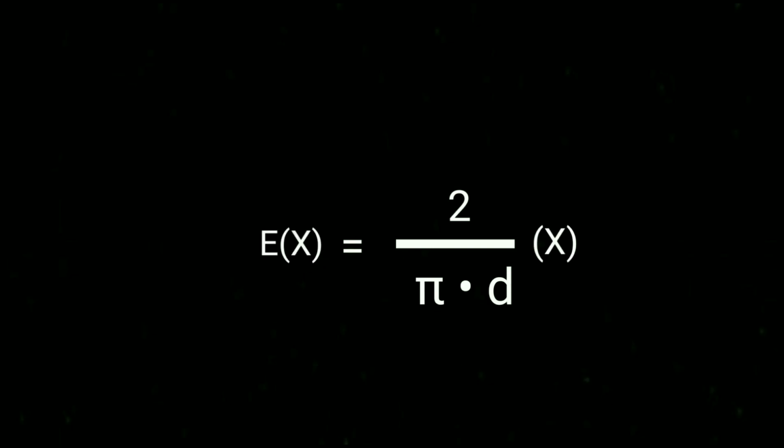Hence, the value of our proportionality constant must be 2 over pi d, giving us our expectation function. Now we finally come full circle, no pun intended. We can simply plug in the length of our needle L into the expectation function, and ladies and gentlemen, the probability of our intersection is equal to 2L over pi d.